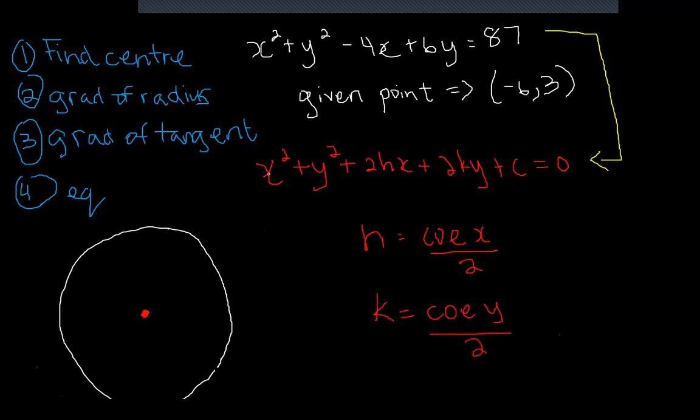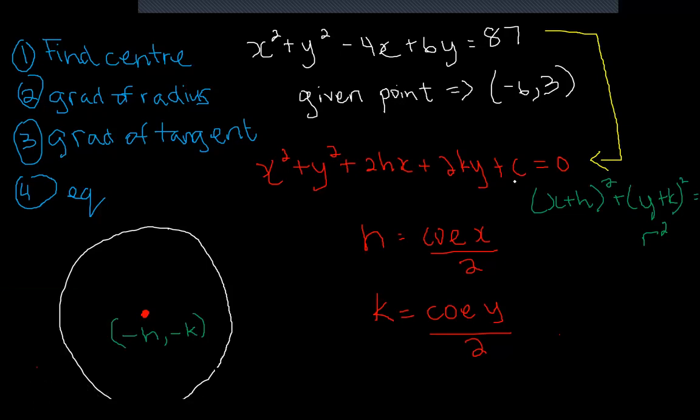We know when given this form, x squared plus y squared plus 2hx plus 2ky plus c is equal to 0, or when given this standard form, plus y plus k squared is equal to r squared, that the coordinates of the center is minus h and minus k. Remember that.